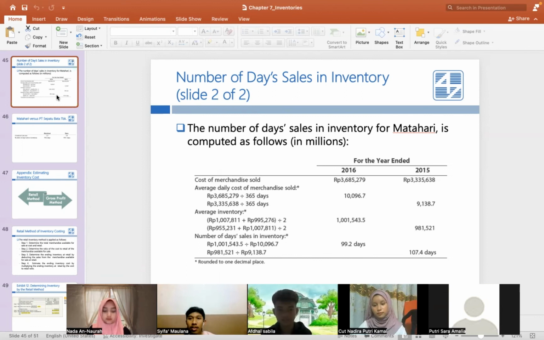And next, number of days sales in inventory we get from average inventory divided by average daily cost of merchandise. So we got in 2016, 99.2 days, and in 2015 we got 107.4 days. Next.